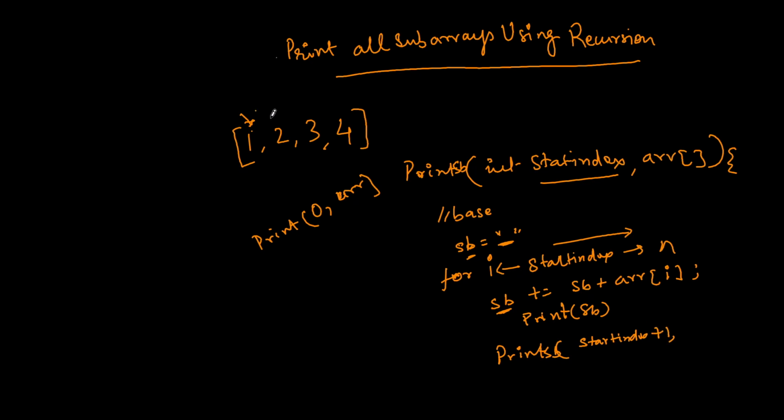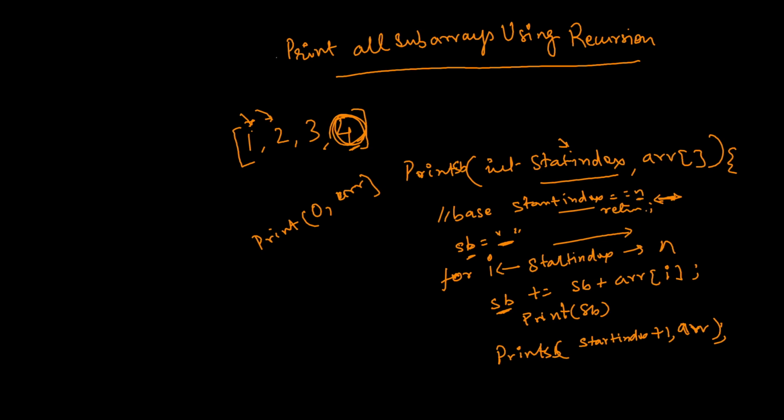So we are now moving the starting index to 2 and making a recursive call. In the base case, when the start index reaches the end, we return. Start index reaching the end means we can print the last element, which would be the only subarray in this case, 4, and then we can return.